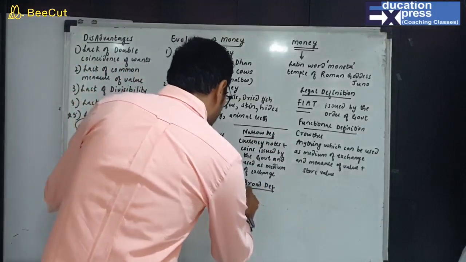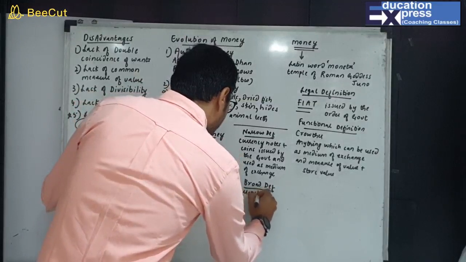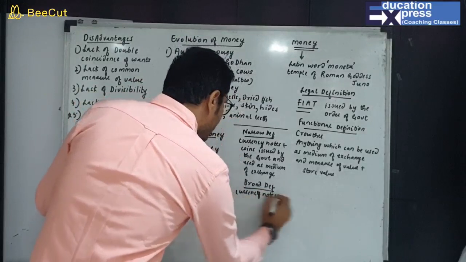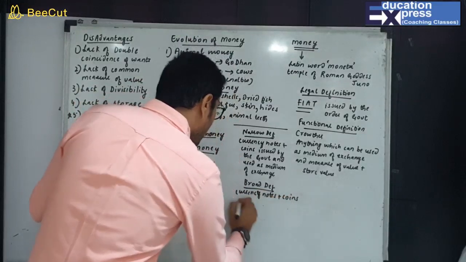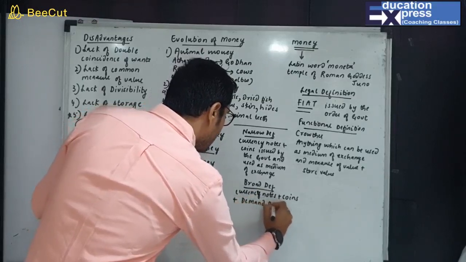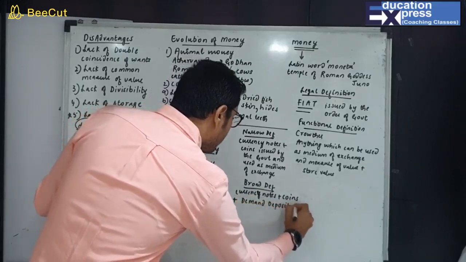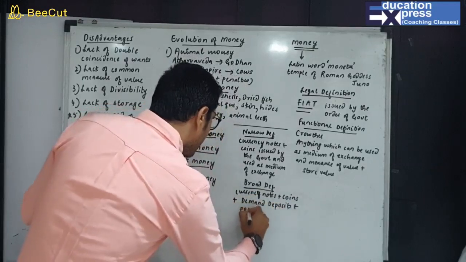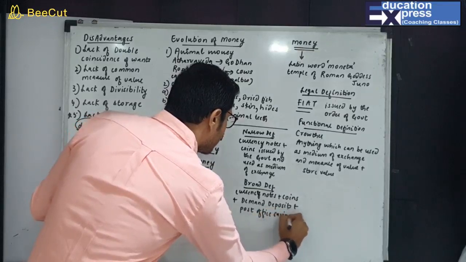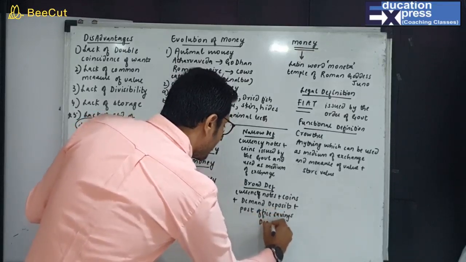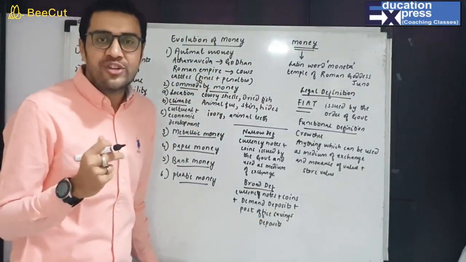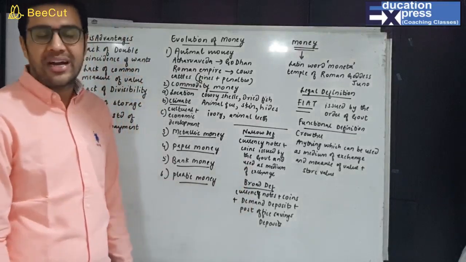So the broad definition includes currency notes plus coins plus demand deposits plus post office savings deposits. We keep deposits in the post office too, on which we earn interest, so that also comes under money.